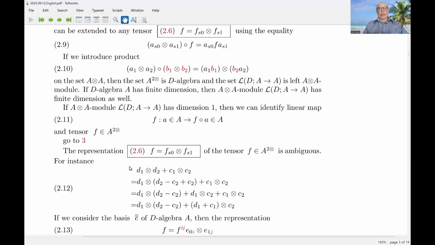The representation 2.6 of the tensor F is ambiguous.